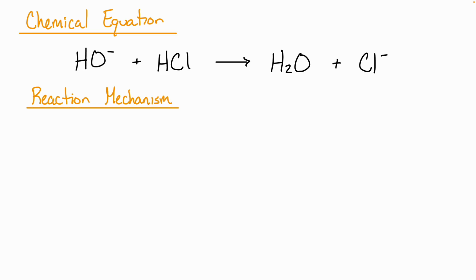In order to do that, we've got to look not just at our chemical formulas, but our Lewis structures or our chemical structures. So we have our hydroxide. We know by our bonding patterns that that oxygen has that negative charge living on it.